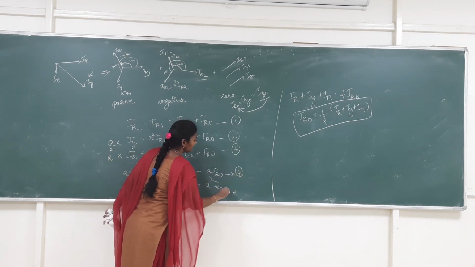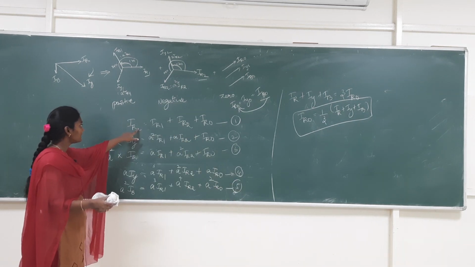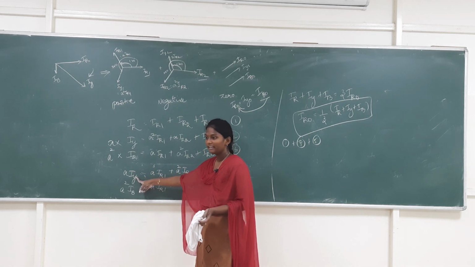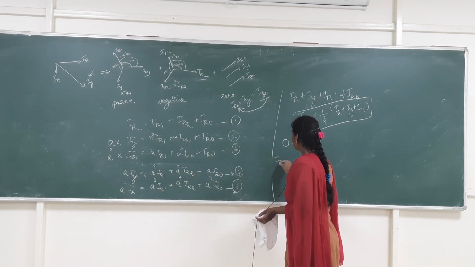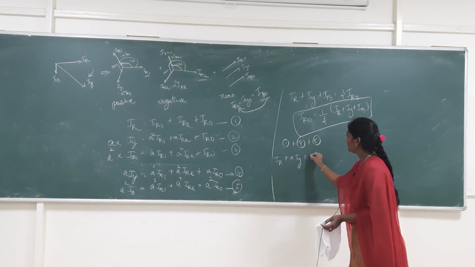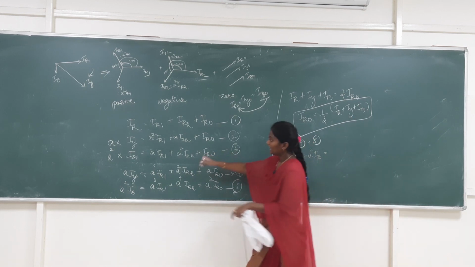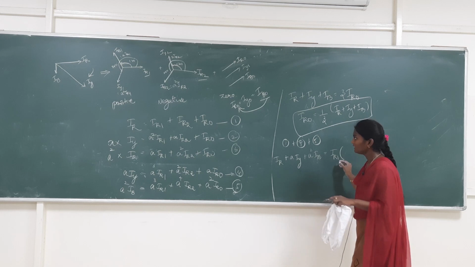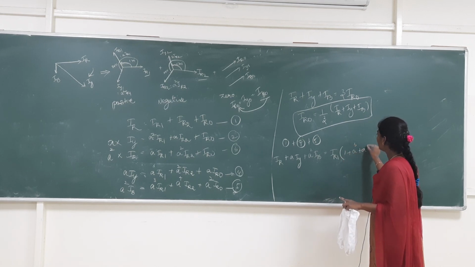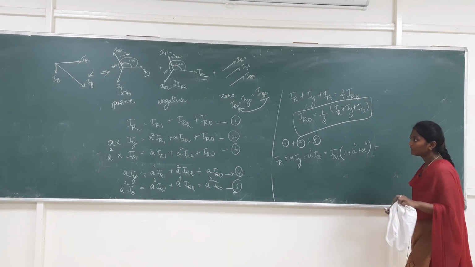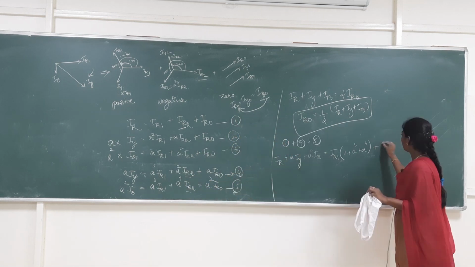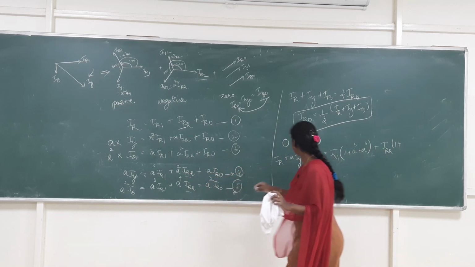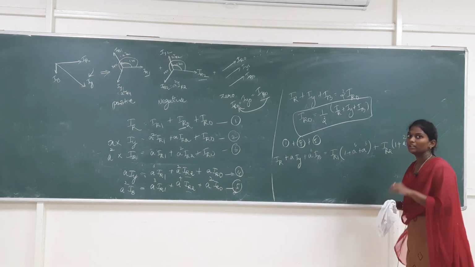I am taking equation 4 and equation 5, adding them with equation 1 as reference. Adding 1, 4 and 5: IR plus A IY plus A square IB equals IR1 common, 1 plus A cube plus A cube, plus IR2 common, 1 plus A square plus A power 4.